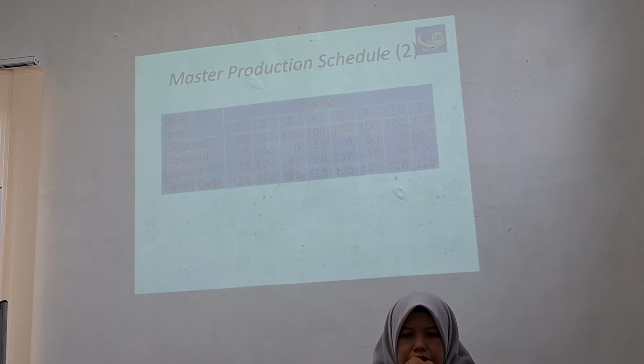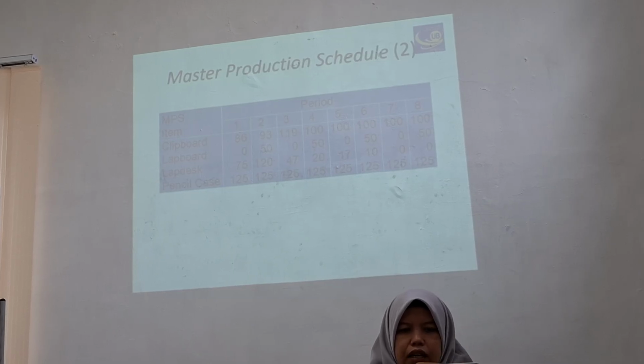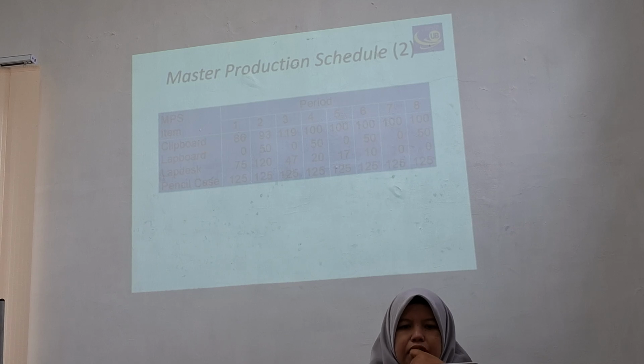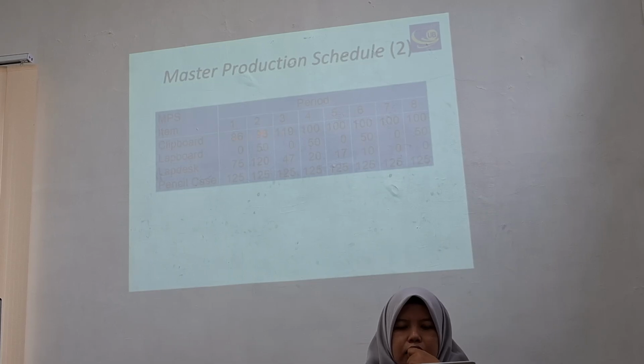The table gives information about the production quantity. For the clipboard, in period 1 it produces 86 units, in period 2, 90, 30 units, etc.